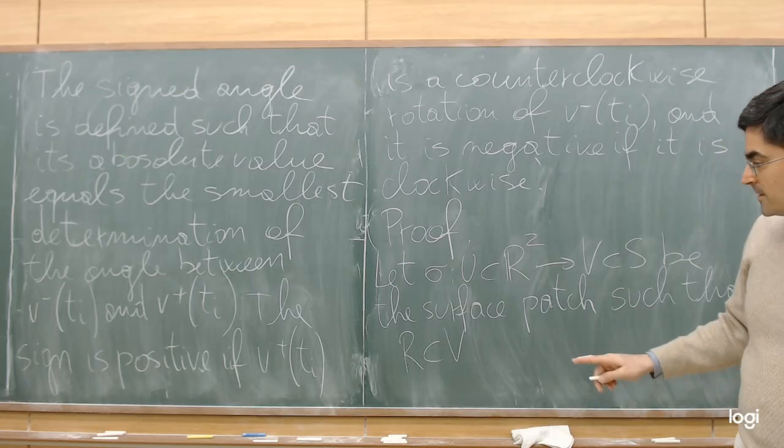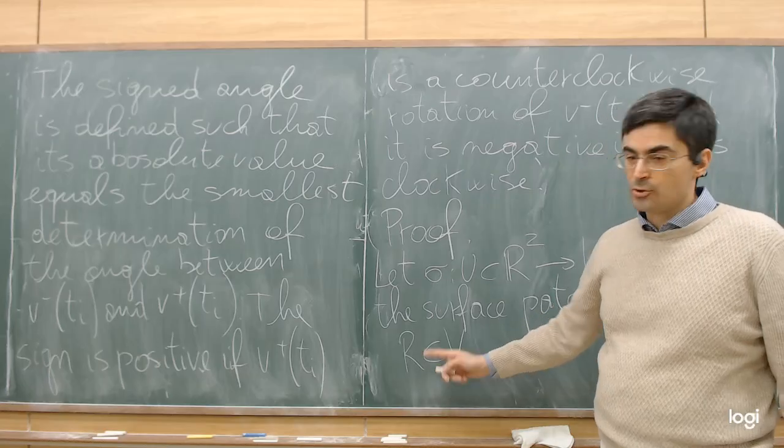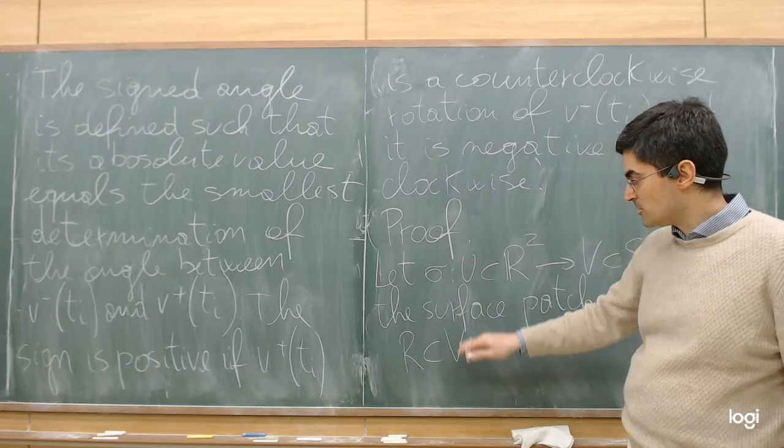And by hypothesis, R is a polygonal region contained in the image of a single surface patch, so this makes sense.